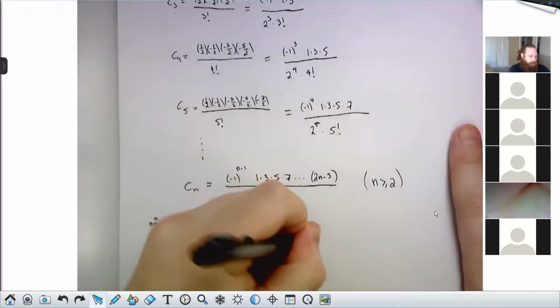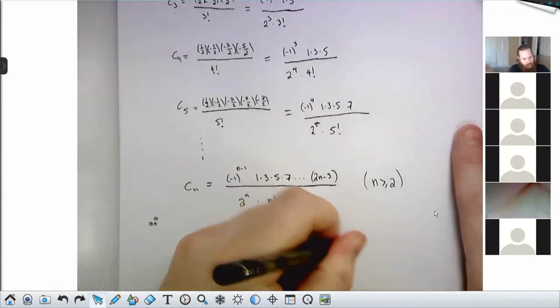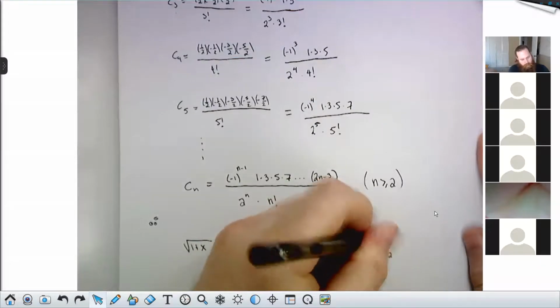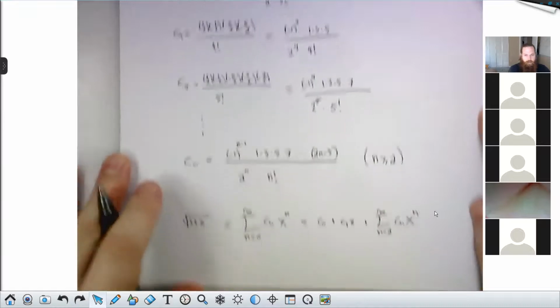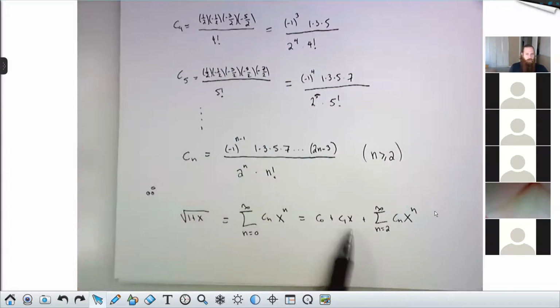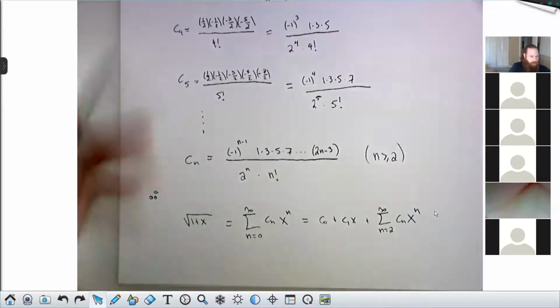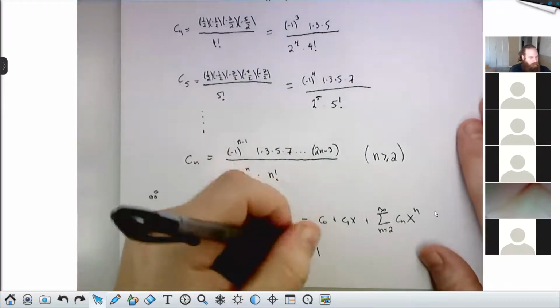So you have to pull out the first 2 terms. Like this. The n equals 0 term and the n equals 1 term don't follow this pattern. So I have to pull them out. But I know what C0 is, and I know what C1 is. C0 was 1.